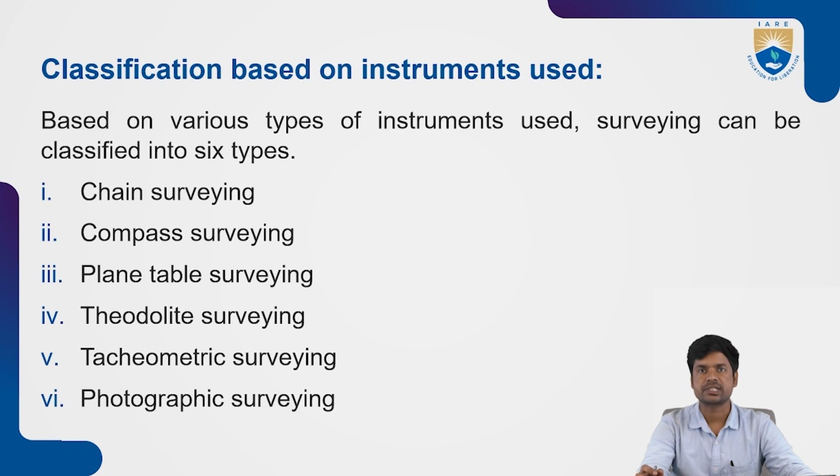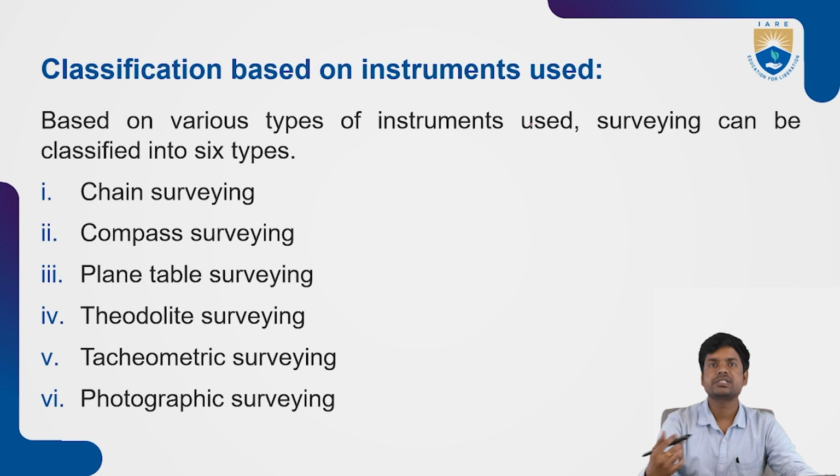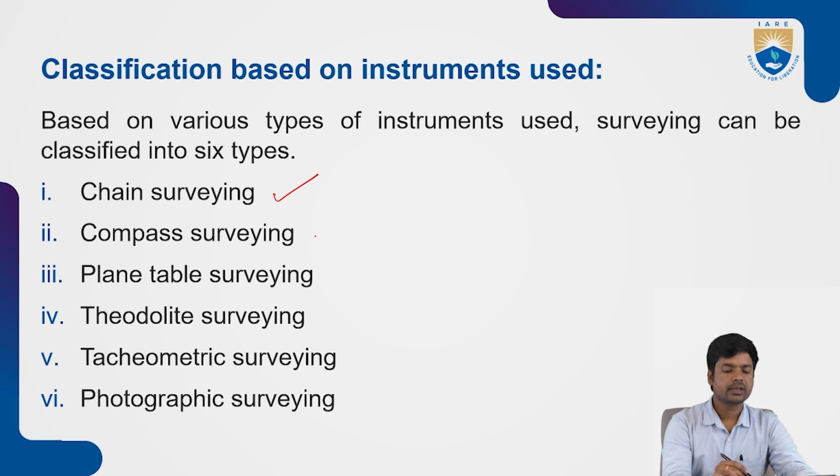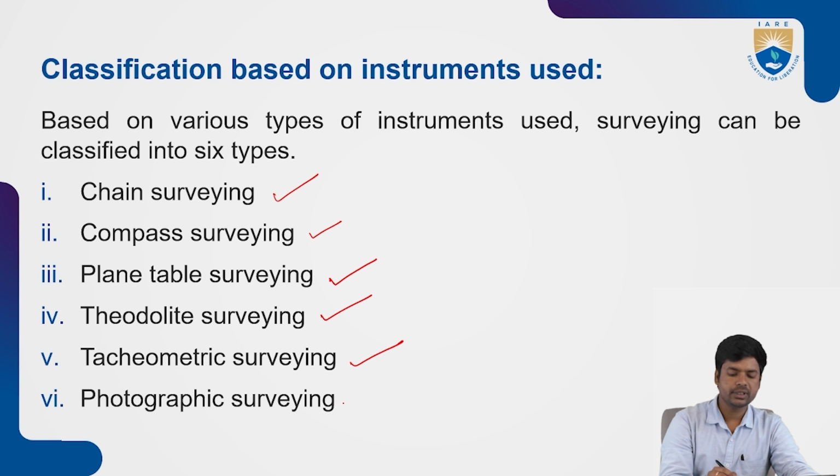The next type of classification is based upon the instruments used, like theodolite and total station. We are going to classify the surveying. The first type is chain surveying, the second one is compass surveying, then plane table surveying, theodolite surveying, tachymetric surveying, and photographic surveying.